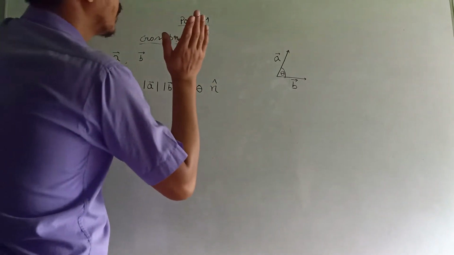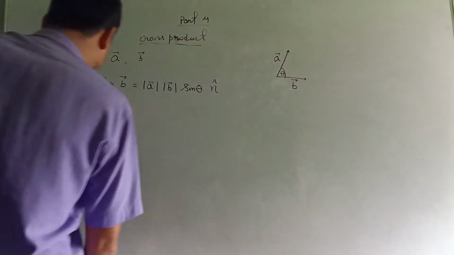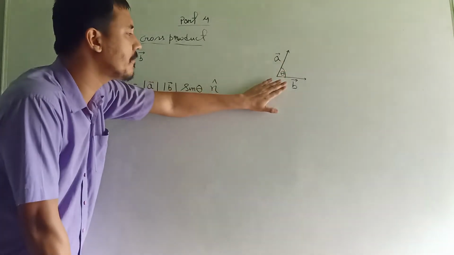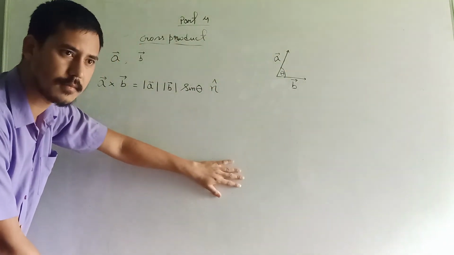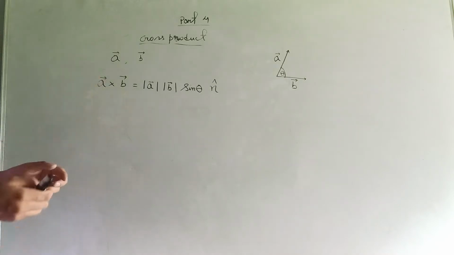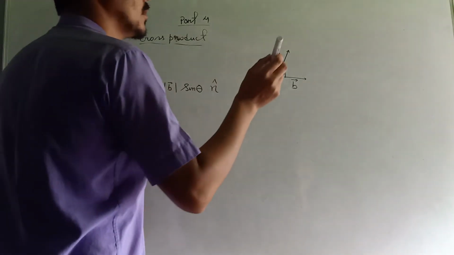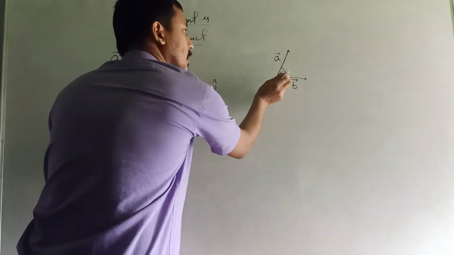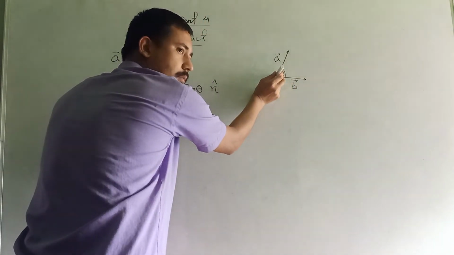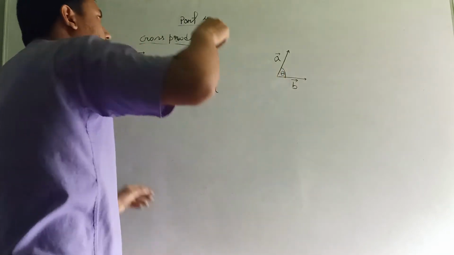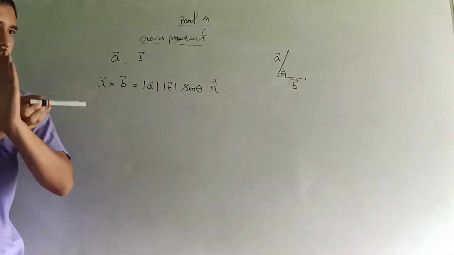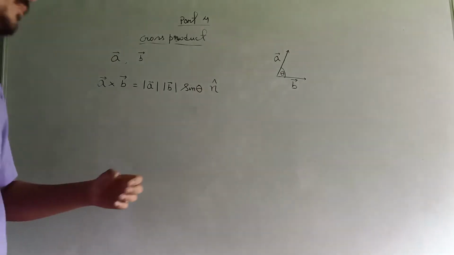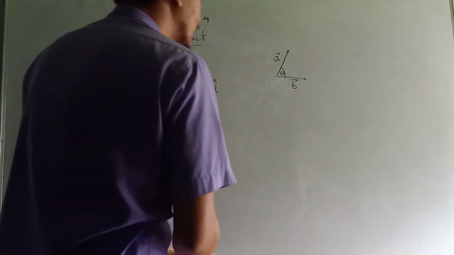That means if your A vector and B vector lie on this plane, then the direction of A cross B will be perpendicular to the plane containing A and B, right? So either it will be perpendicular outwards, or it will be perpendicular inwards. Is it perpendicular outwards or perpendicular inwards?